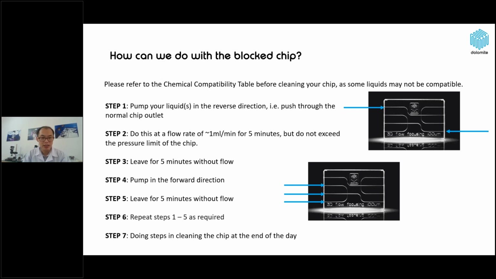Step 3 is leaving it for 5 minutes without flow. This is similar to the concept in the cleaning step. The purpose is to give the solvent enough time to dissolve the contaminant, such as byproducts or products from the experiment like polymerizations.